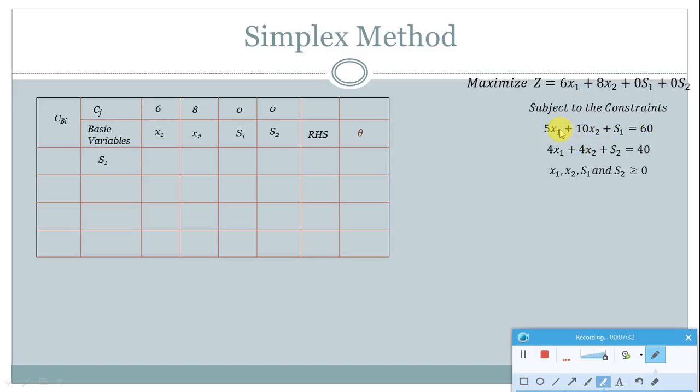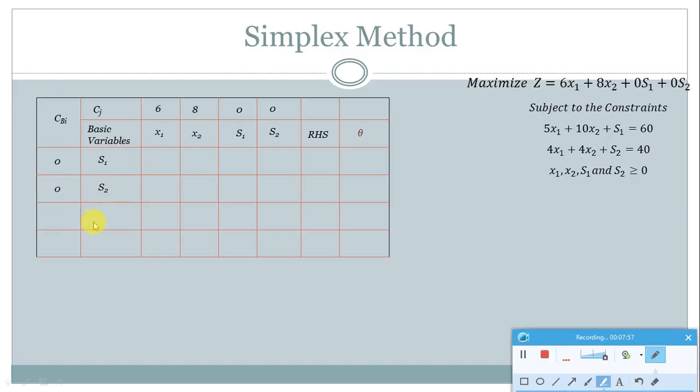So the variables s1 and s2 will be entered into the basis initially. So variable s1 entered into the basis, its coefficient is 0. The next variable entered into the basis is s2, its coefficient is 0.